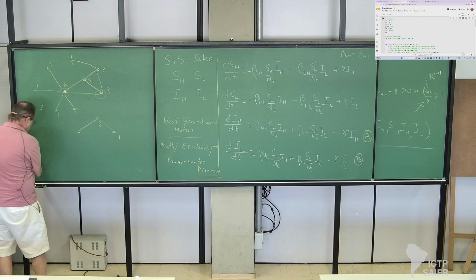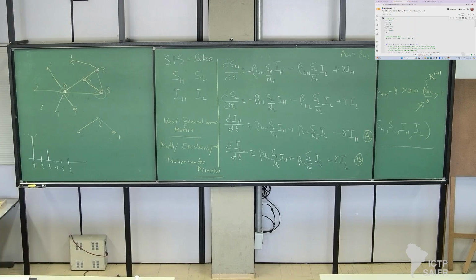You have beta 1, 2, beta 1, 3, beta 1, 6, beta 2, 3, so lots of betas. Okay, and so maybe it's difficult to parameterize this also. Okay, could be more complicated.